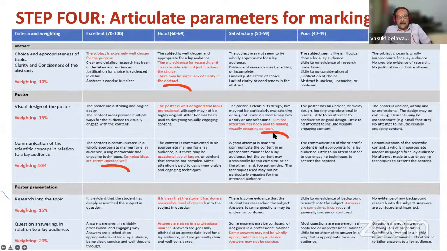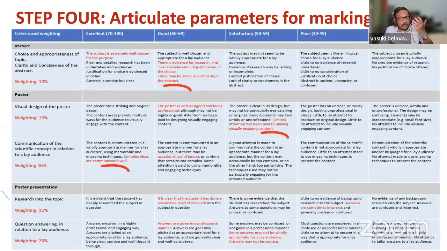If limited attention has been paid to designing the poster, you give them something between 50 to 59. So depending on the different parameters that you have set for each of the criteria, you are going to grade them. And this in a way is ready-made feedback for the student.